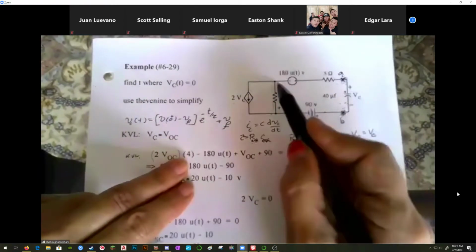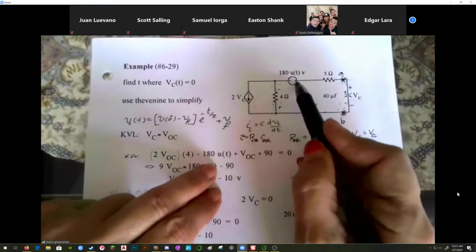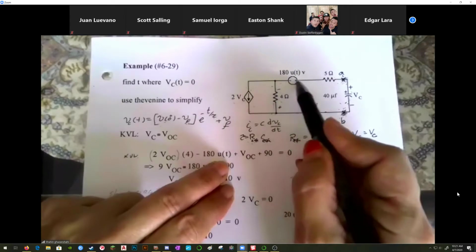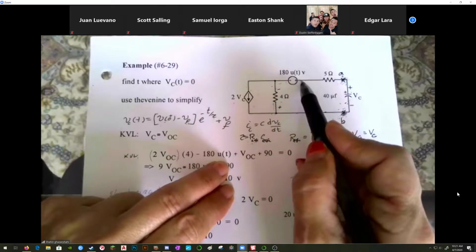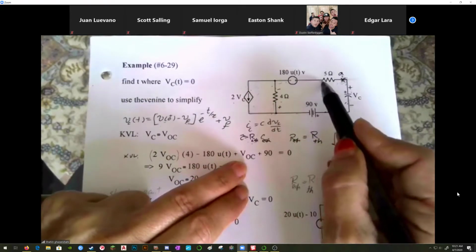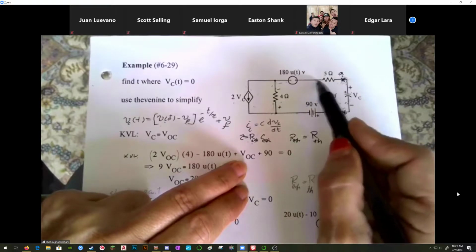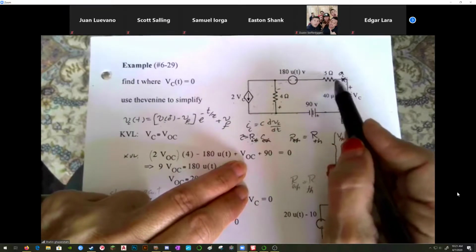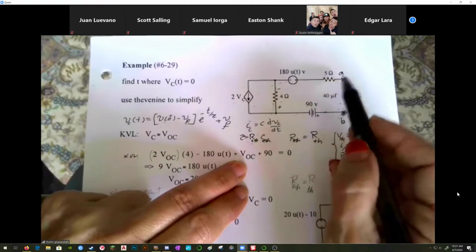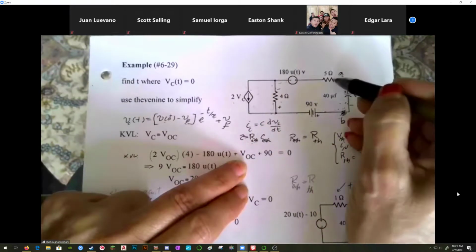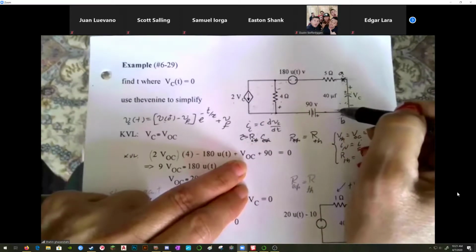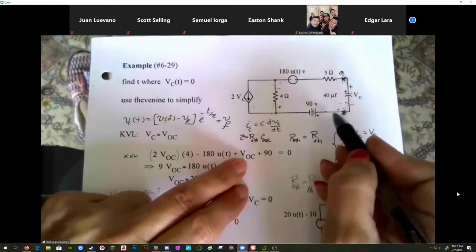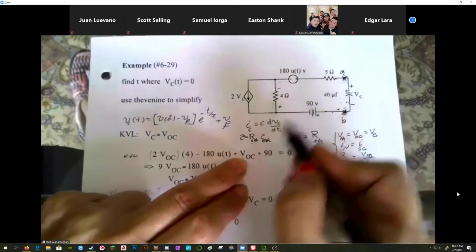Then you go here, minus 180 u(t), the voltage here, whatever is written. Plus, is there any voltage here? No, because the current here is 0. This is open. So you jump here, the voltage here is VOC, and the voltage here is 90.